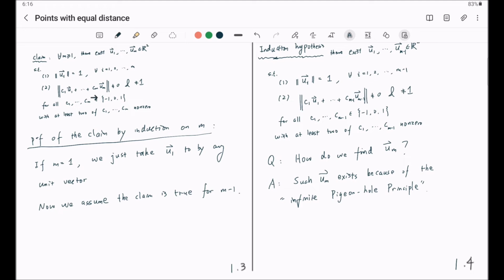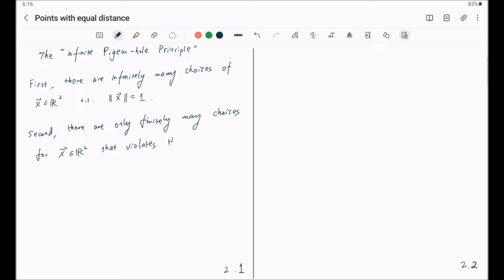that violates our property number 2 with x equal to u_m.